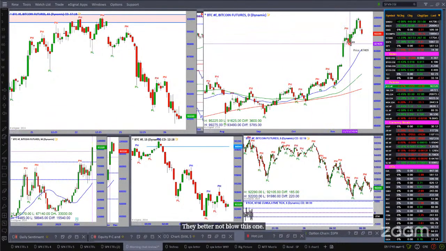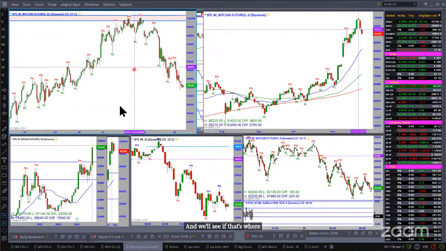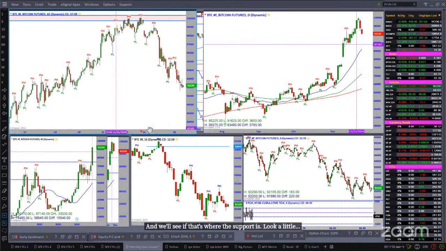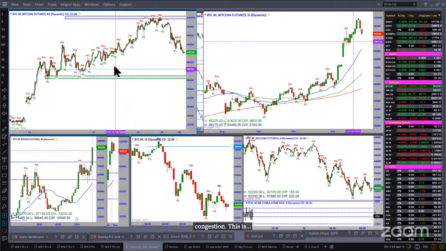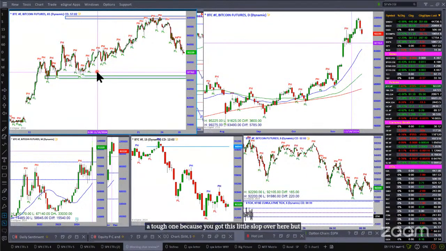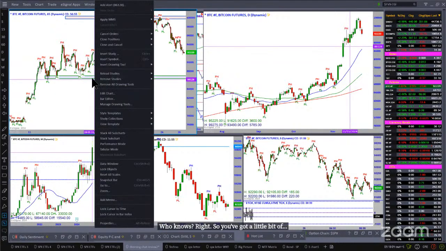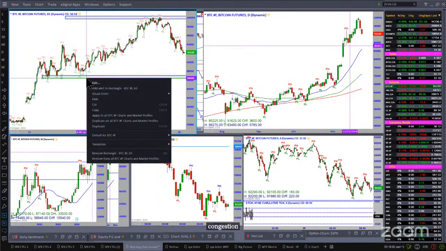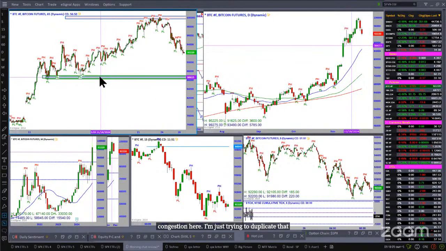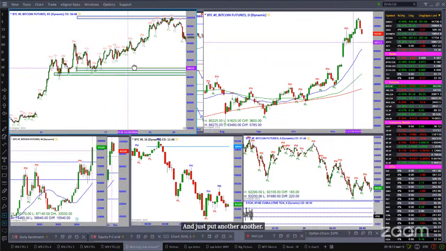Bitcoin coming down made a hell of a run, and we'll see. It's at where the support is. Look, a little congestion there. This is a tough one because you've got this little slop over here, but will it come all the way down there? Who knows? So you've got a little bit of congestion here. I'm just trying to duplicate that and put another one where they overlap each other.